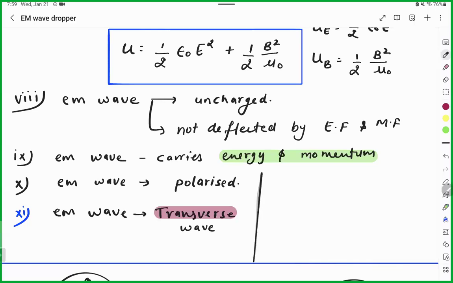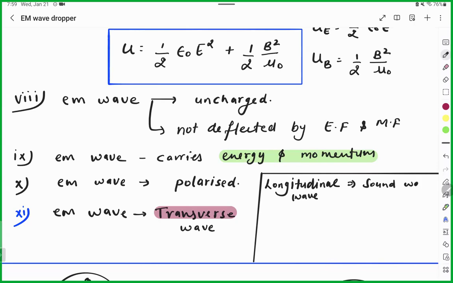Example: sound wave is a longitudinal wave. But if you take the transverse wave, it moves up and down.